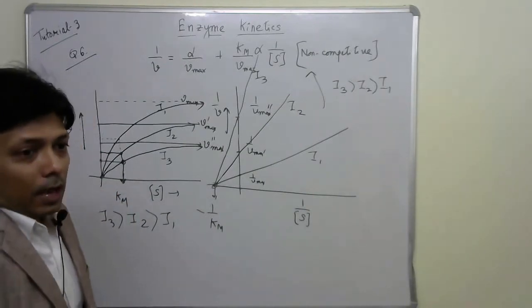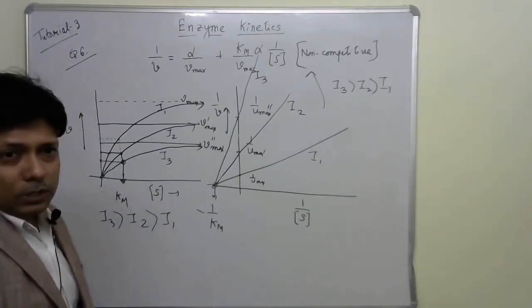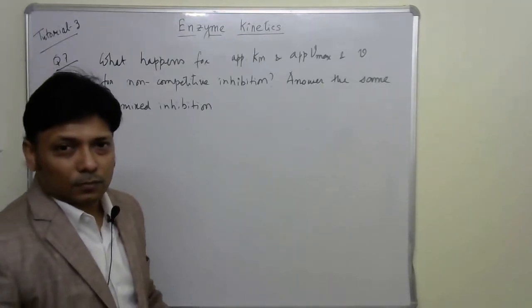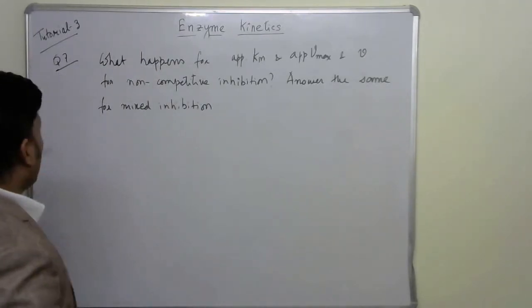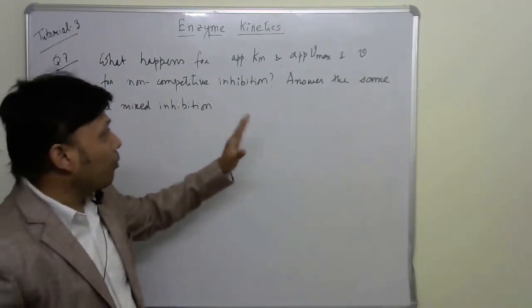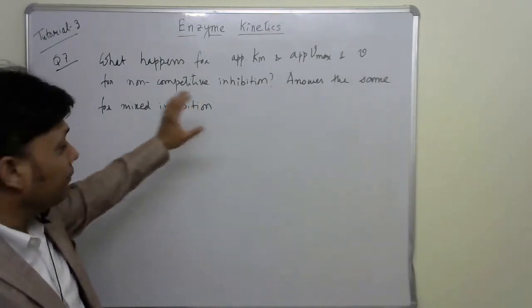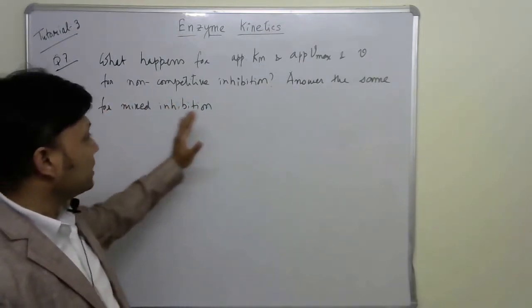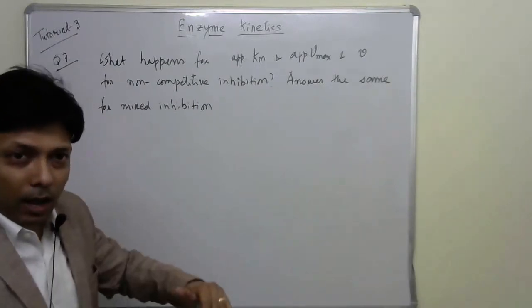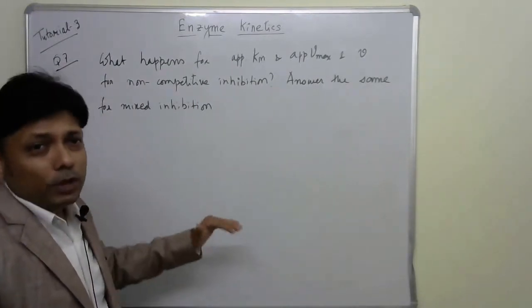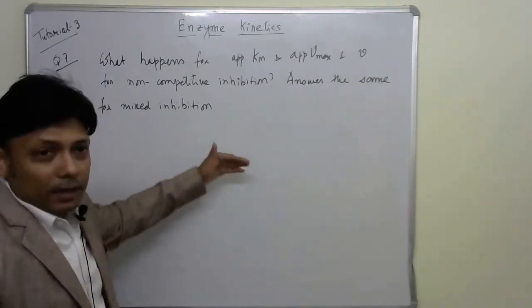Okay, and so now we go to the next question, that is our last question, question number 7. It asks what happens for apparent Km and apparent Vmax and velocity for non-competitive inhibition, and answer the same for the mixed inhibition. So I believe that based on the discussion so far we had today, we have already seen the answers before.